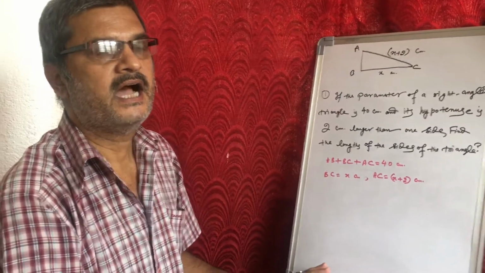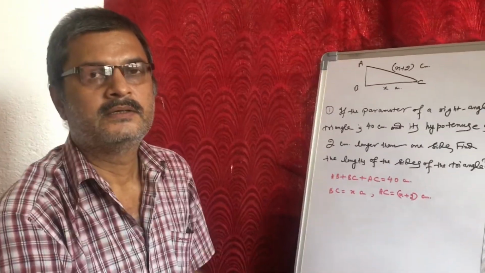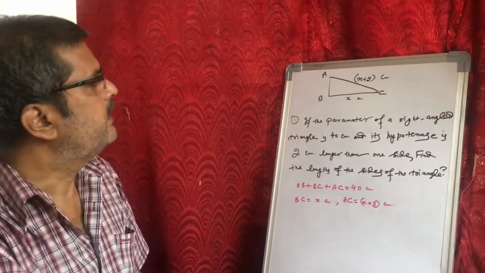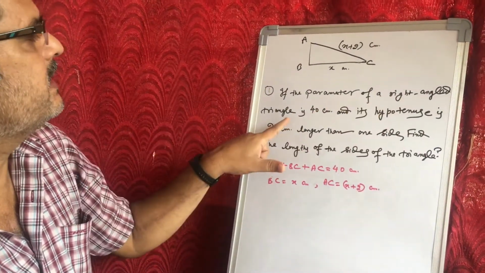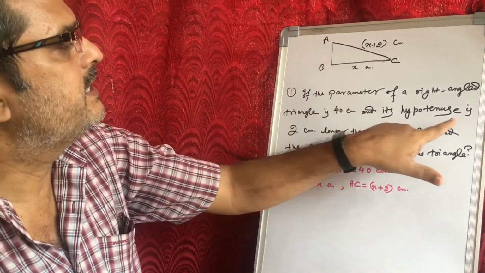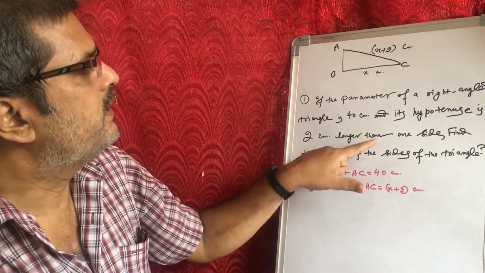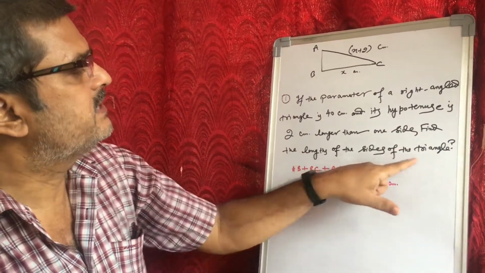Now see how to solve a geometrical problem based on the Pythagoras theorem. If the perimeter of a right angled triangle is 40 centimeter and its hypotenuse is 2 centimeter longer than one side, find the lengths of the sides of the triangle.